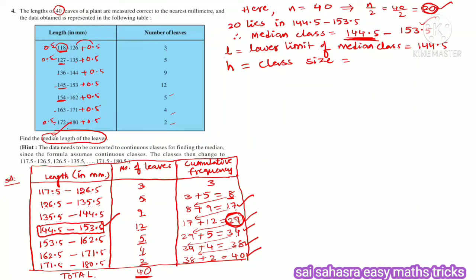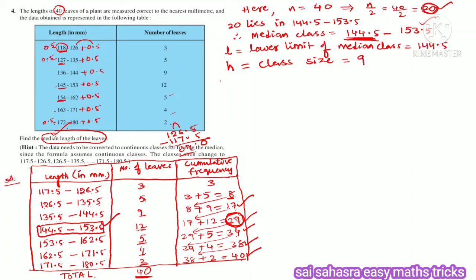Let us find out the difference between these two. 126.5 minus 117.5: 5 minus 5 is 0, 16 minus 7 is 9. So 9.0 means 9. Here also a 9 difference is there. Everywhere 9 difference, so we can write class size is 9.